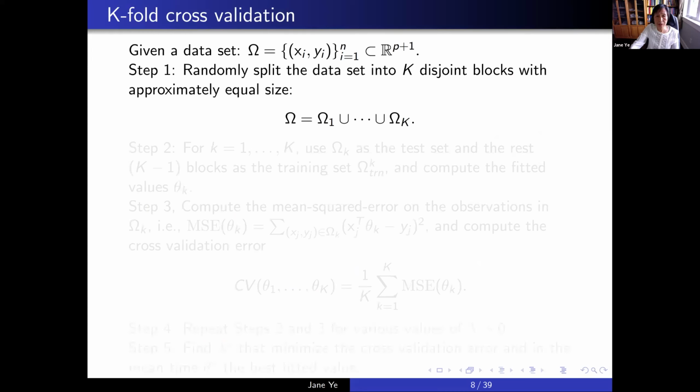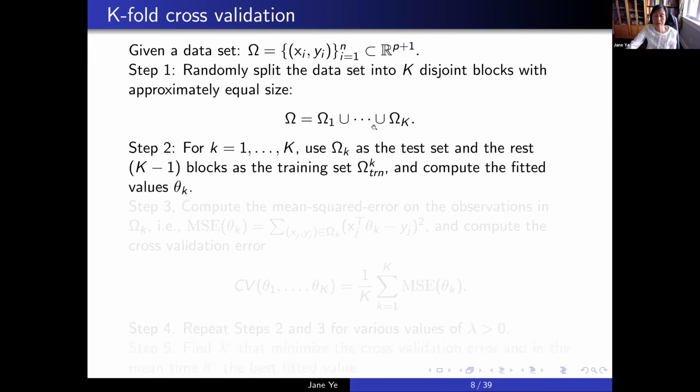So this is a popular method in statistics to use the existing, available data set to test. Given a data set, you randomly split it into k disjoint blocks with approximately equal size, where k is say 3, 5 or 10.